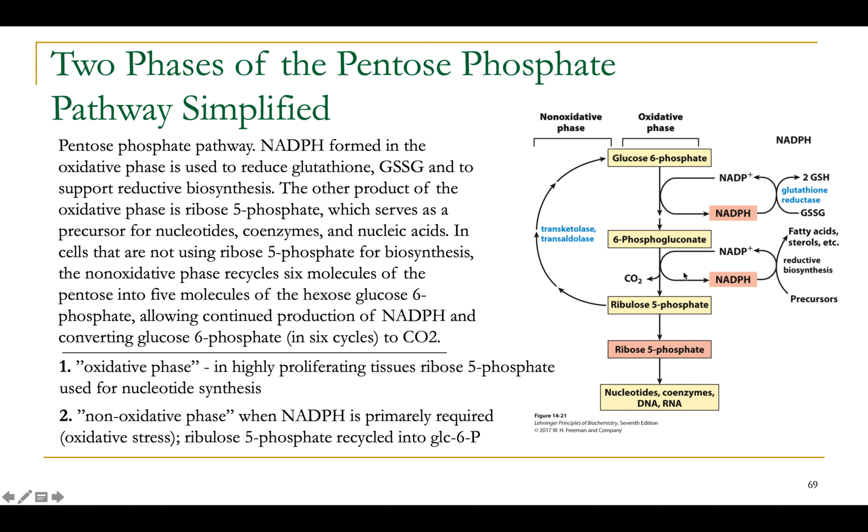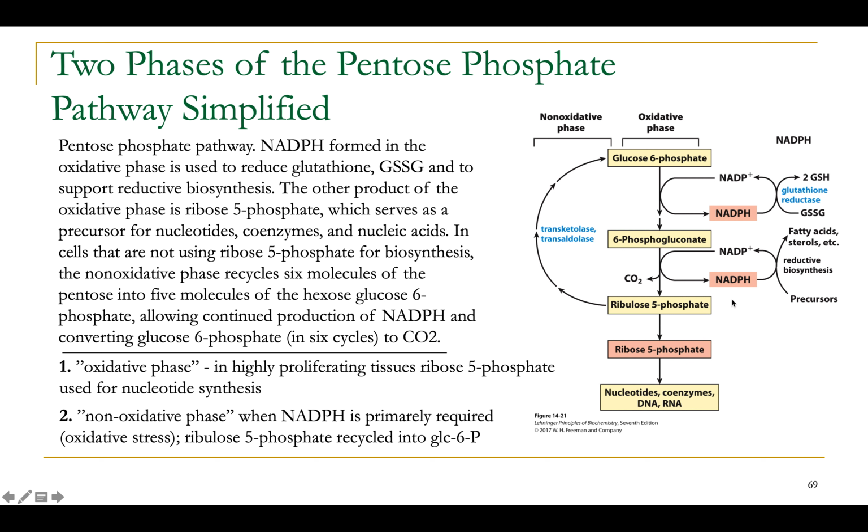Imaginably, these flavors of the pentose phosphate pathway are predominant in different kinds of tissues, depending on which flavor is needed most. In highly proliferating tissues, like epithelial cells or the immune system, the pentose phosphate pathway is mainly the oxidative phase, which is important for production of precursors for nucleotide biosynthesis necessary for cell proliferation.